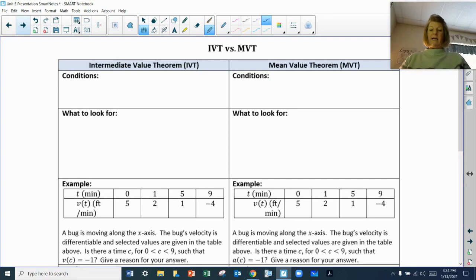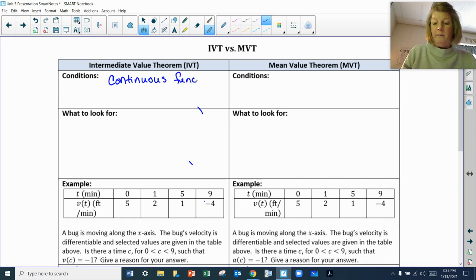On the back side, IVT versus MVT. You can see that you have to read them really carefully. You noticed my mistake. I was thinking velocity on that one instead of acceleration, and that was the difference between going IVT versus MVT. So, intermediate value theorem. What conditions must be met? It must be a continuous function.